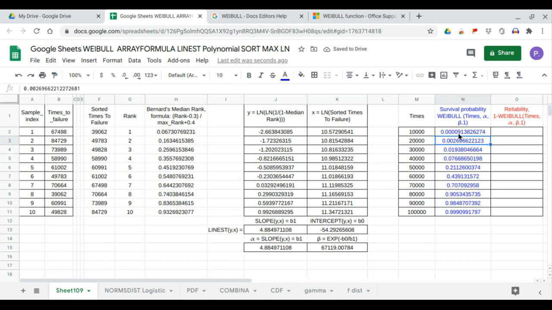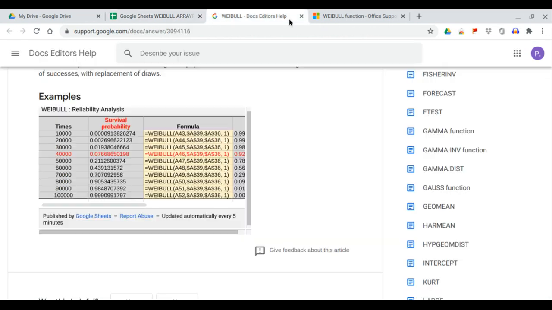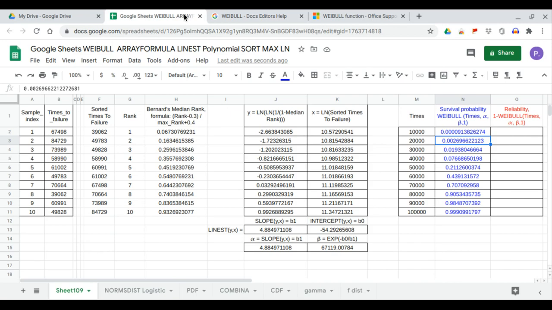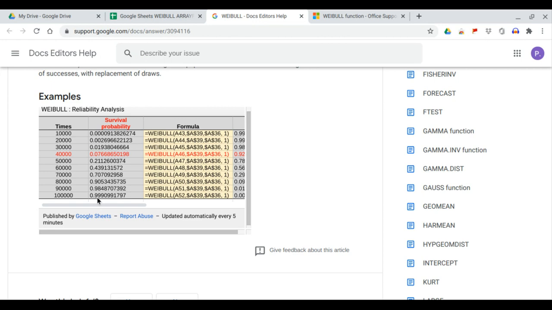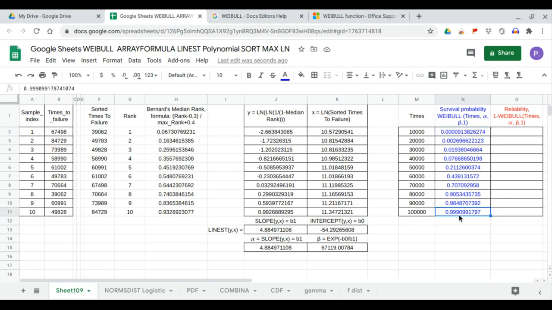So survival probability starts from 0.00000913. That's correct. Until 0.999099. So our calculations are correct.